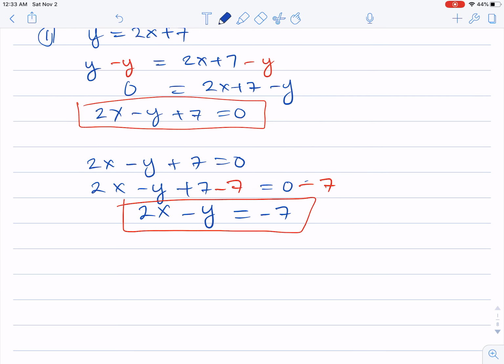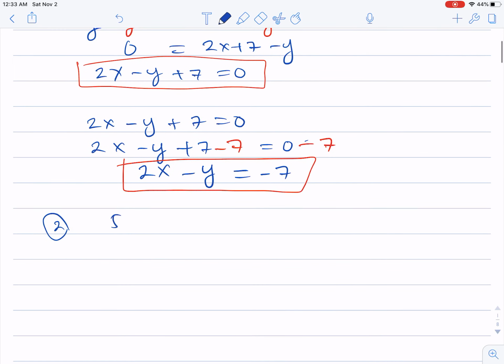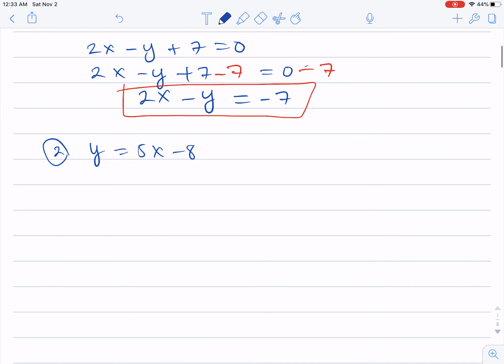We have number 2, we have y equals 5x minus 8. So, ganun din, no? We subtract y from both sides para maging 0 naman. Actually, pwede naman tayo mag-subtract ng 5x minus 8, pero masyado siyang mahirap no?